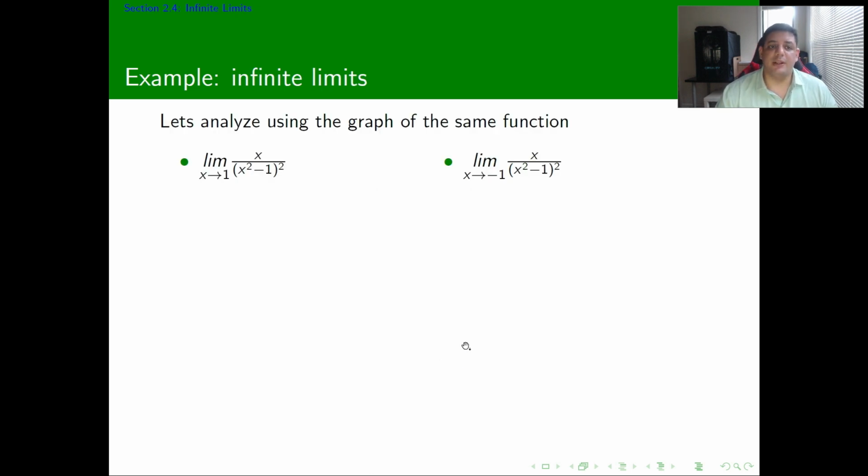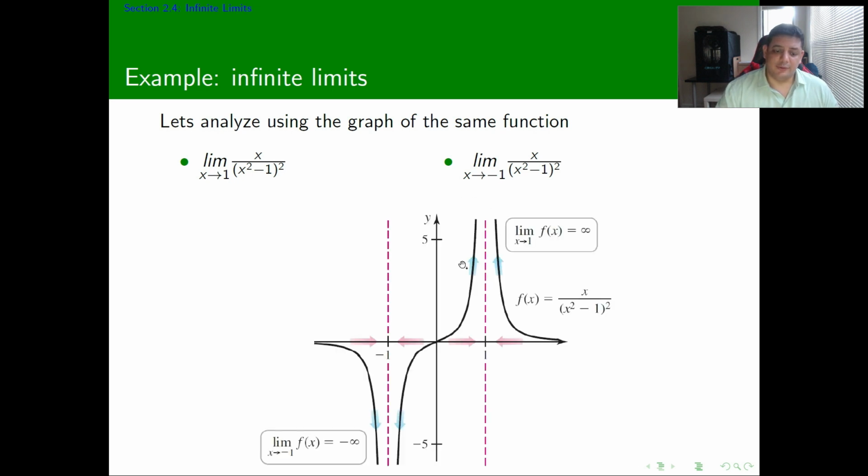But now, just to check a different example, let's analyze a function at different points. Let's analyze the function x over (x squared minus 1) squared, and we're going to analyze that at 1 and at minus 1. Notice that when x is approaching 1, this is actually going to go to infinity.